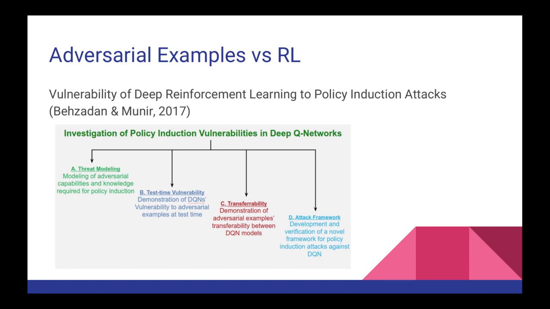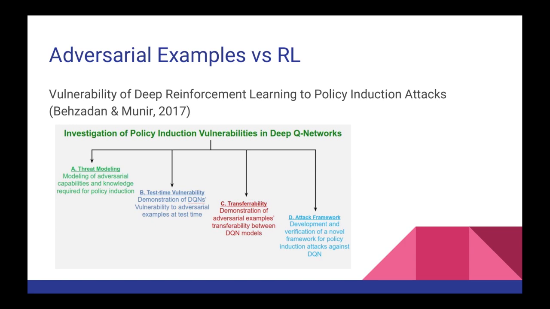So earlier this year, Arsalan and I, Professor Monir and I, published a paper on how to use adversarial examples to attack deep Q networks, or DQNs. In this paper, we first proposed a threat model for an adversary who may or may not have knowledge of the hyperparameters and other characteristics of the target network.